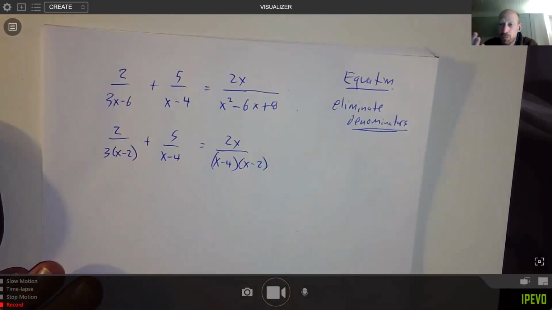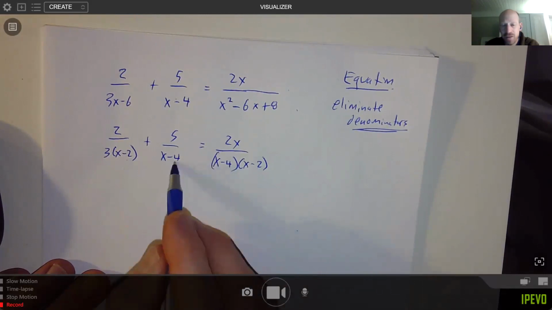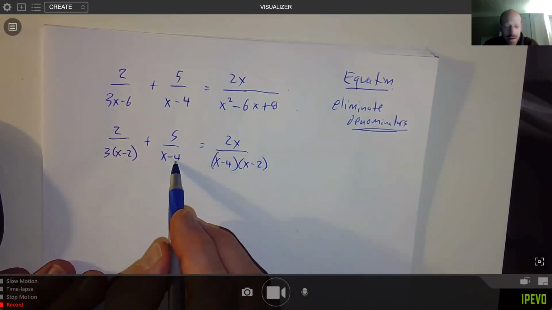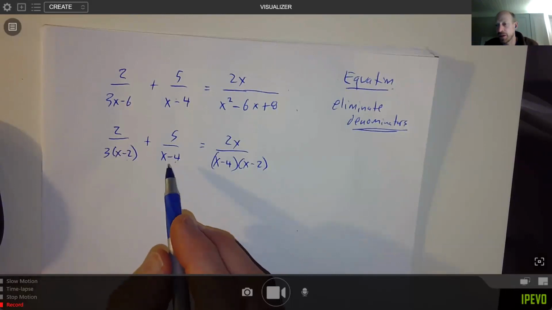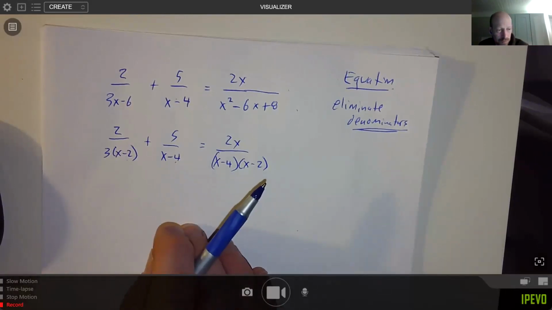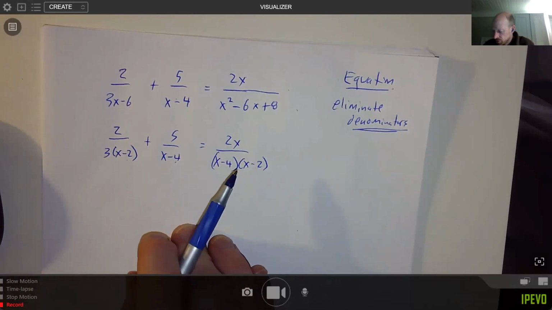When you factor, there's a lot of overlapping factors. There's this x minus 2 and this x minus 4 that are shared, so I don't have to multiply by as much to cancel out those denominators.